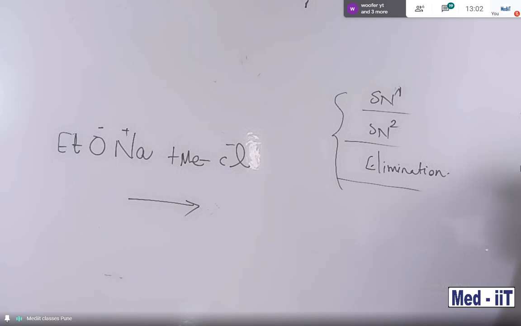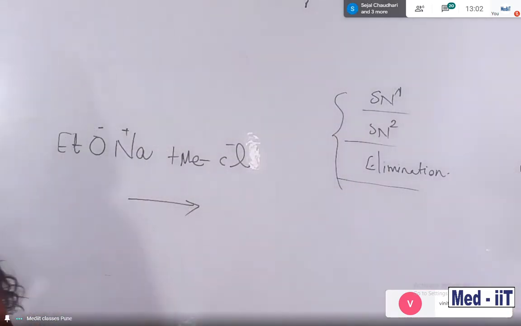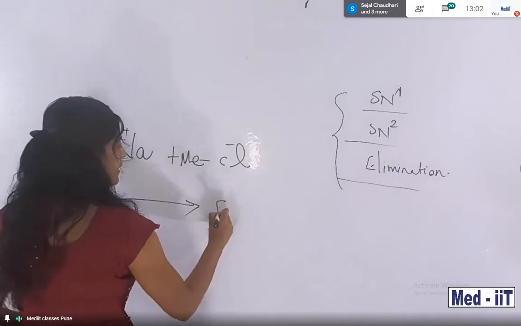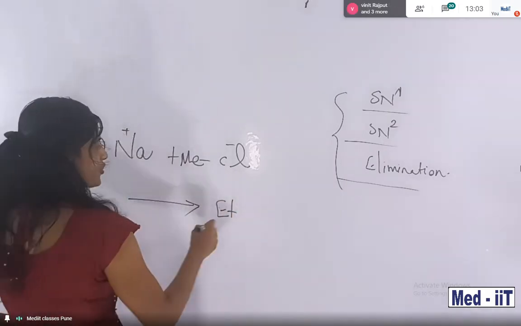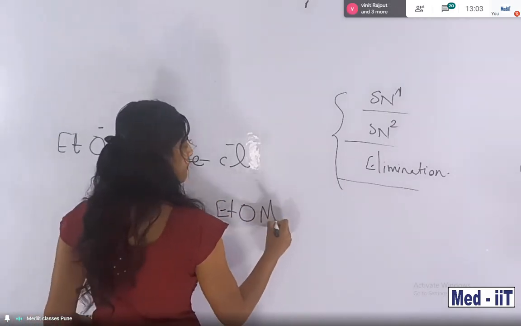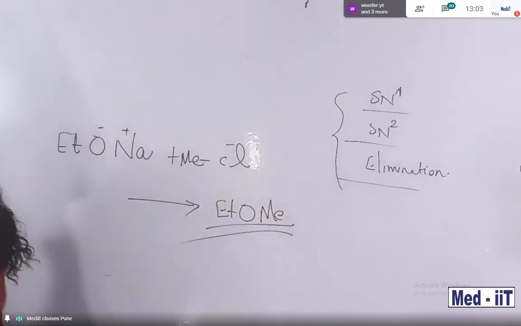Cl and sodium should be removed, and the remaining terms form a bond, you will get the answer. Yes, that is EtOMe, right? How? Because sodium is removed, so remaining Et, then oxygen is bonded with an Me, methyl group. So this is your answer, EtOMe.